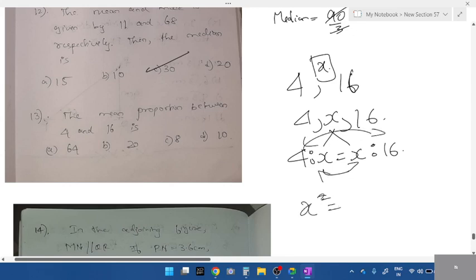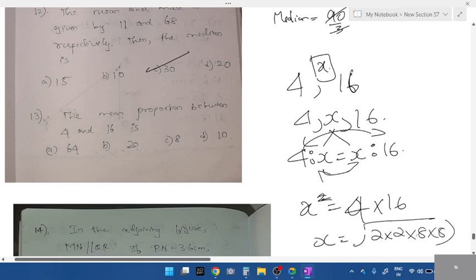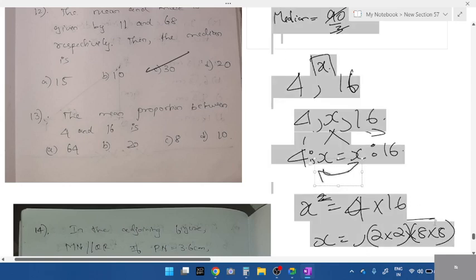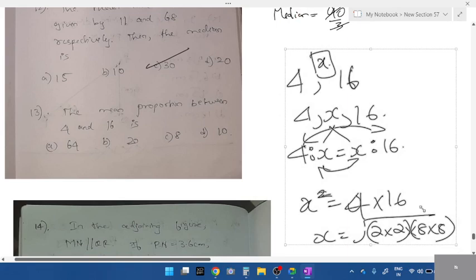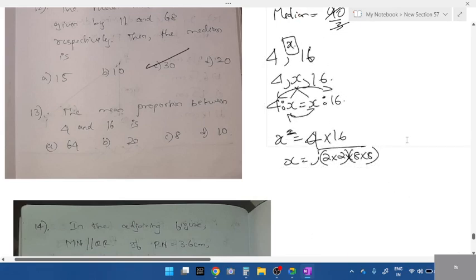x square is equal to 4 into 16. x is equal to square root of this. 4 you can write 2 into 2, 16 you can write 8 into 8. Or you can directly write 4 into 16, 64.